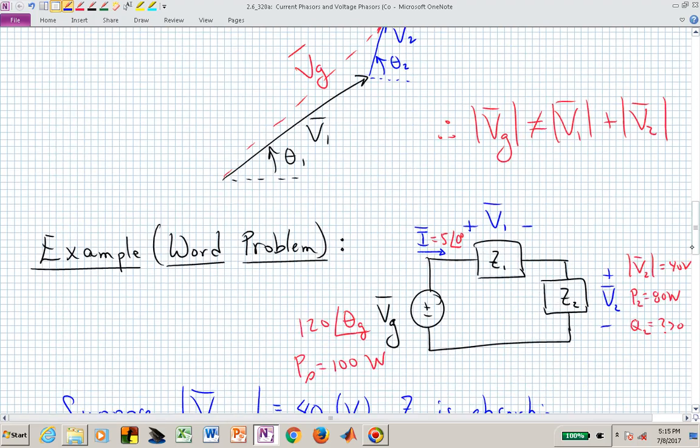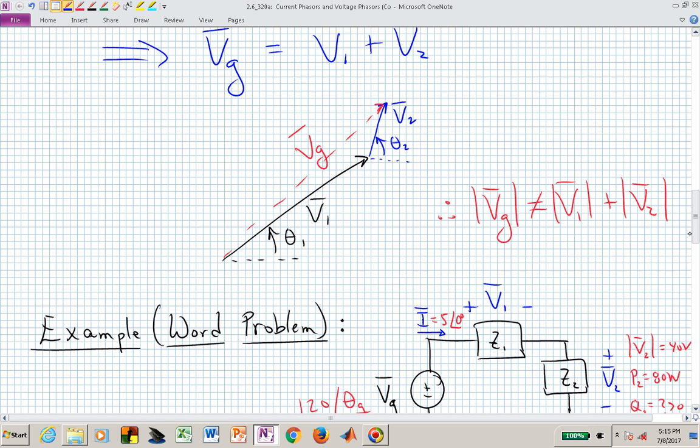We're given the magnitude of VG. We're given the magnitude of V2, and we know we can't just play with the magnitudes, based on what we just did with this quick example before. We can't just add magnitudes and end up with what we want. We actually have to find angular information and deal with V1, V2, and V sub G vectorially.